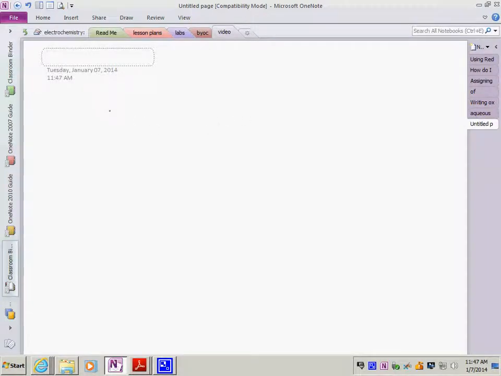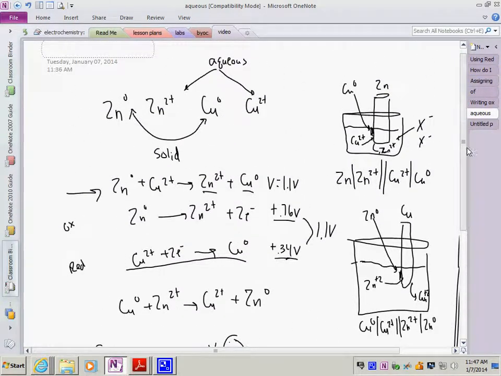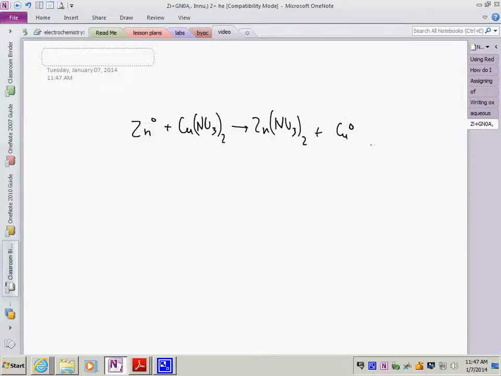It would be zinc metal plus, let's say, copper, and let's say nitrate is our anion. It would look like this: goes to zinc nitrate plus copper metal. This would be a spontaneous reaction.